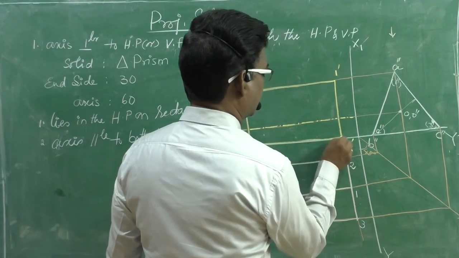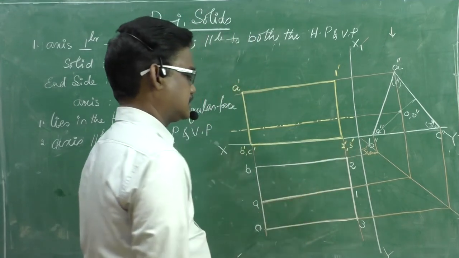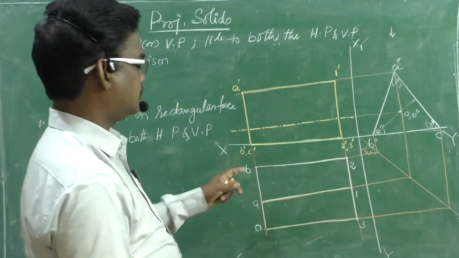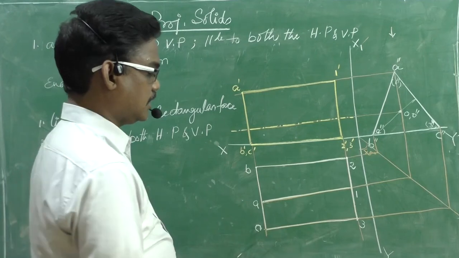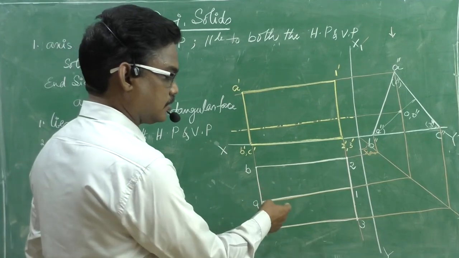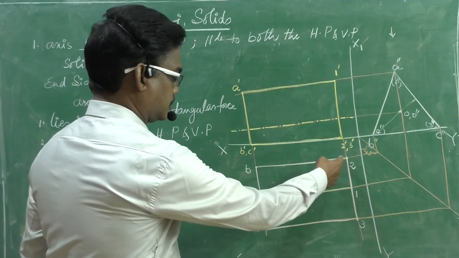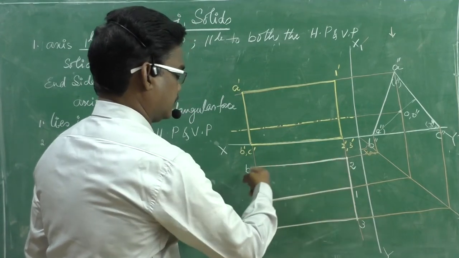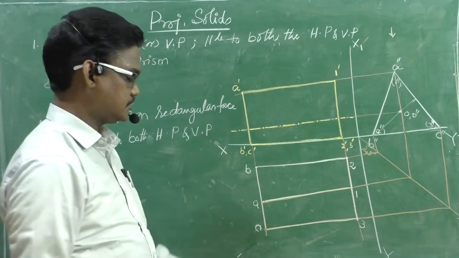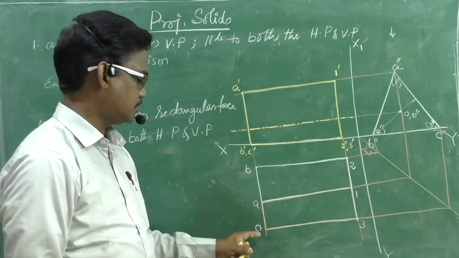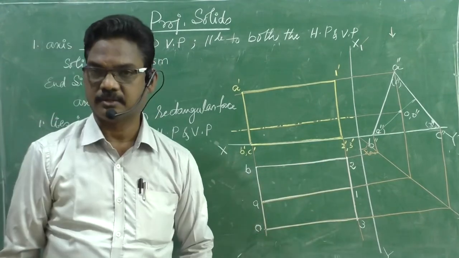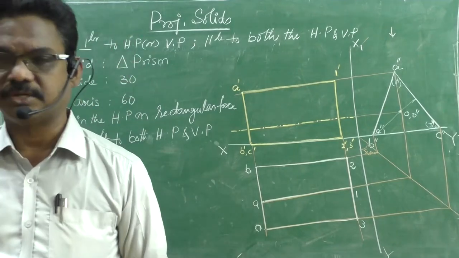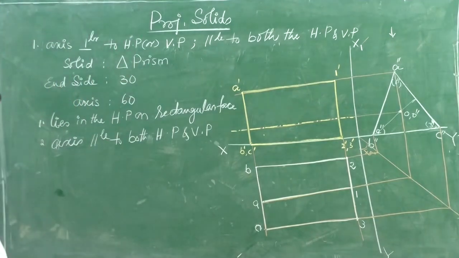This is a rectangular face. Okay, B, C, 2, 3. Okay, and this triangular prism lies on the rectangular face in the HP. That is the reason 2, 3, C, B. You can see, right?